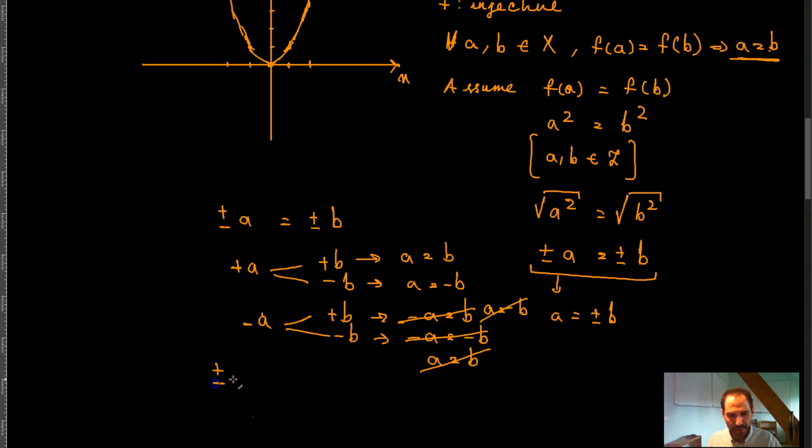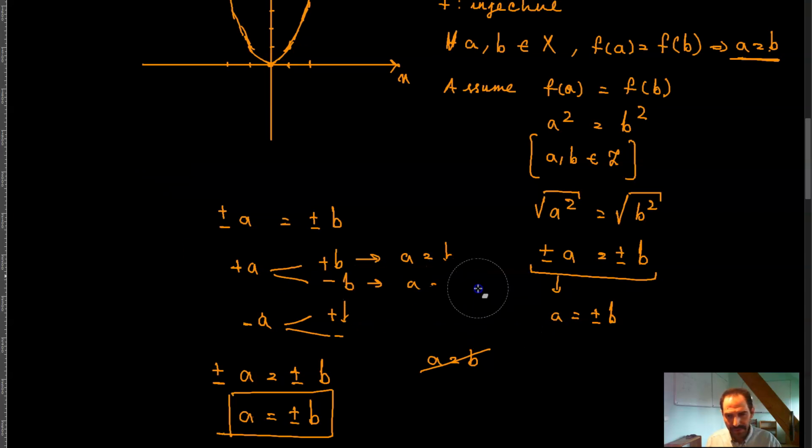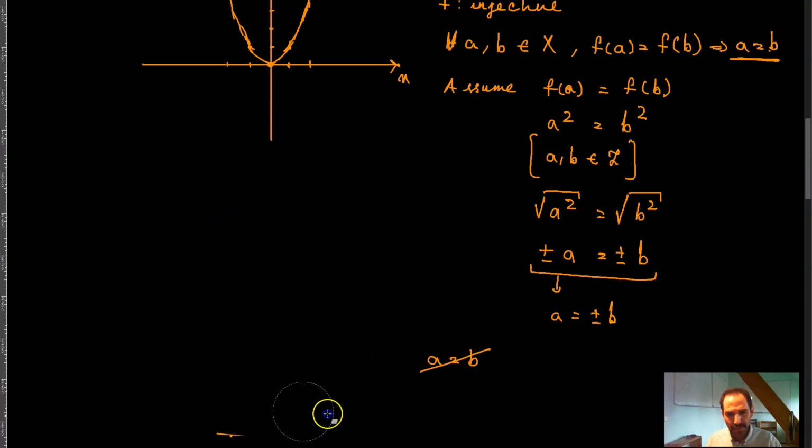So that means that plus or minus a is equal to plus or minus b is the same thing as a is equal to plus or minus b, right? So I can write this as a is equal to plus or minus b, which means that a could be equal to b, or a could be equal to negative b.